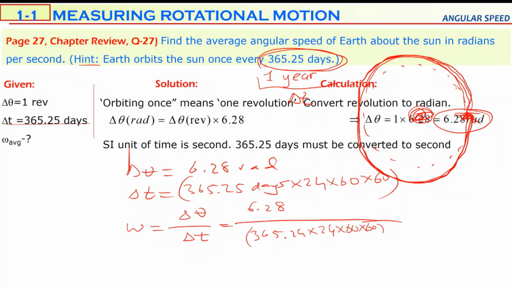Don't forget to put the bracket. 6.28 divided by bracket 365.25 multiplied by 24 multiplied by 60 multiplied by 60. Now close the bracket. Get the answer: 1.99 times 10 to the power of negative 7 radian per second. This is the average angular speed of the Earth around the Sun.